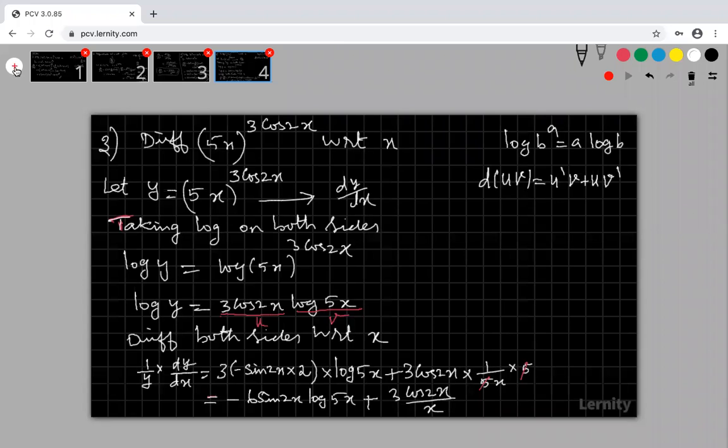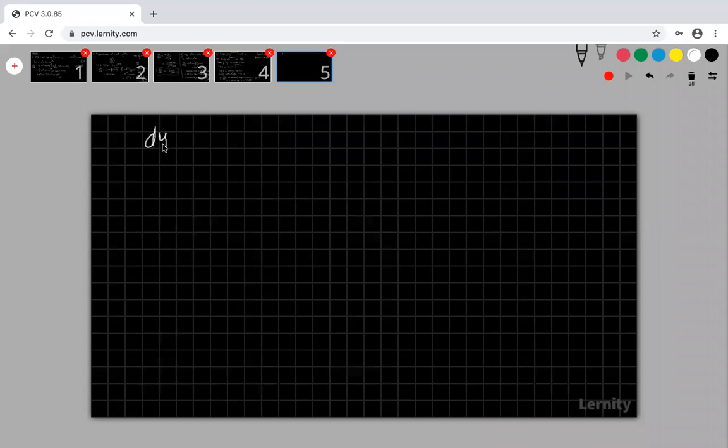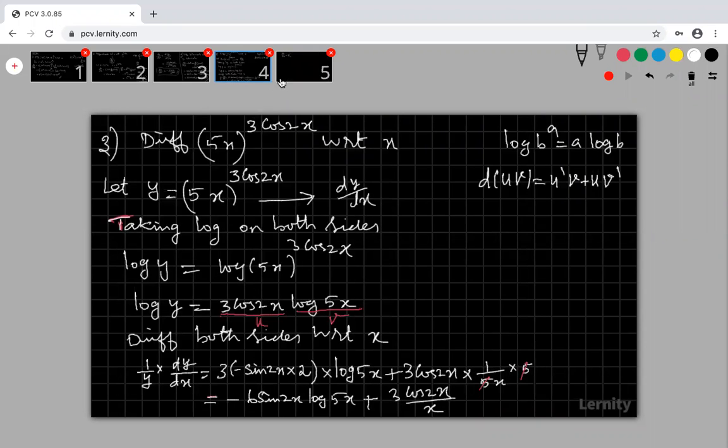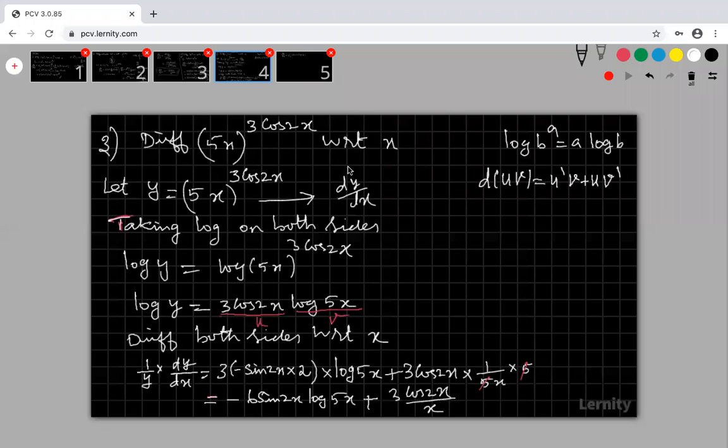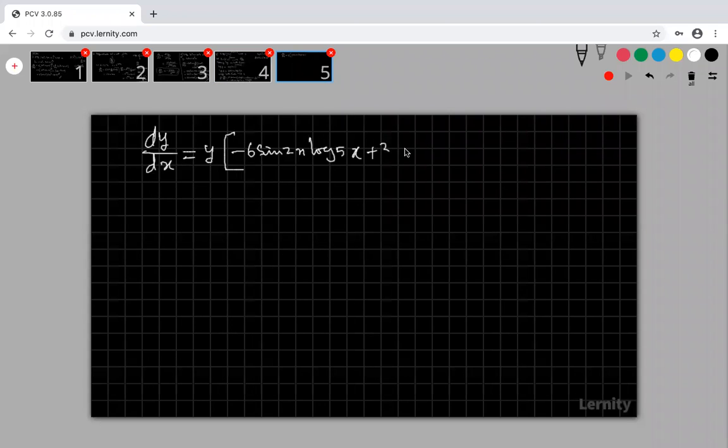So therefore, what happened? My dy by dx is equal to y into this, minus 6 sine 2x into log 5x plus 3 cos 2x by x. And what is your y actually?